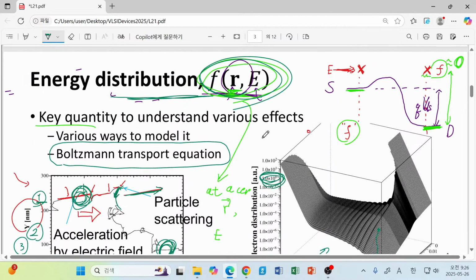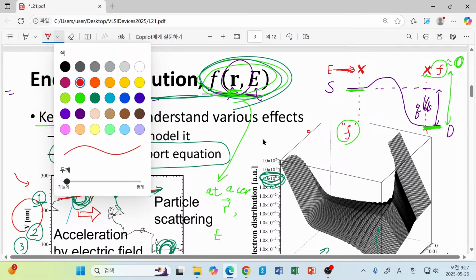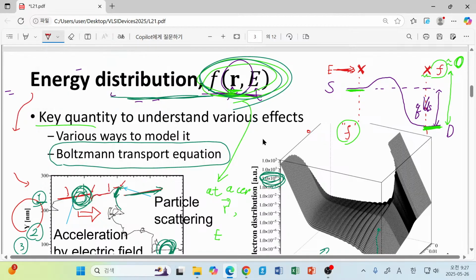Also, in my opinion, the best way to simplify this complicated distribution function is actually the quasi-Fermi level. That's the reason why quasi-Fermi level, or quasi-Fermi potential, is so important.